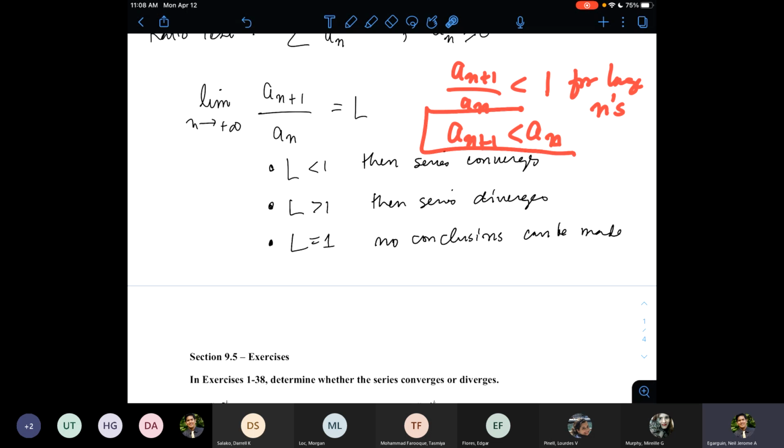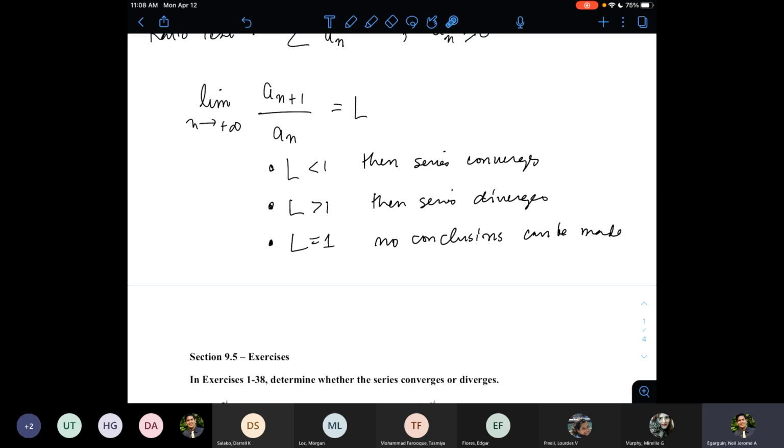This means that the next term is smaller than the previous one. And if that's the case, then we will get a convergent series, because eventually all the terms in our summation will become smaller and smaller, and hence we can get a finite sum.